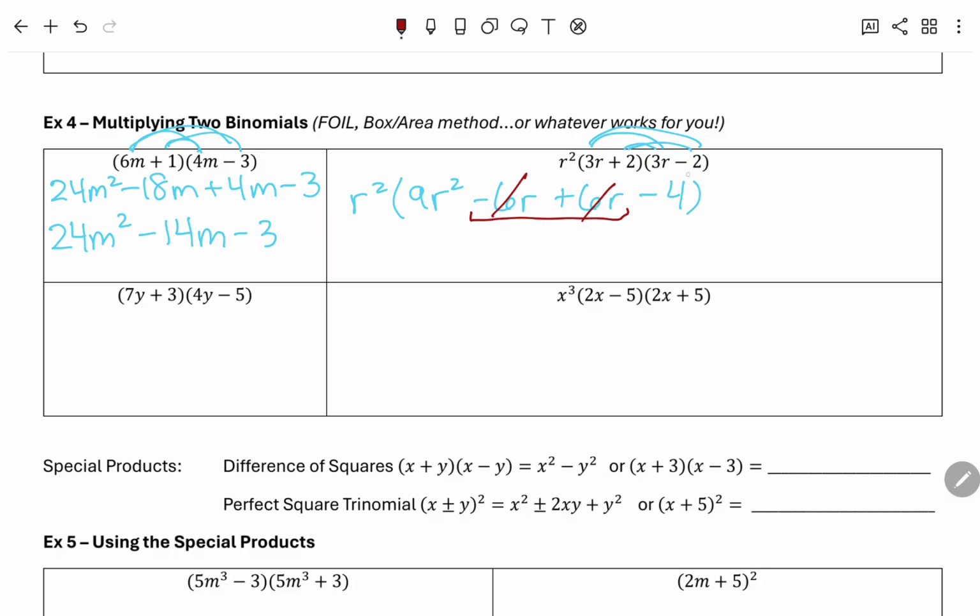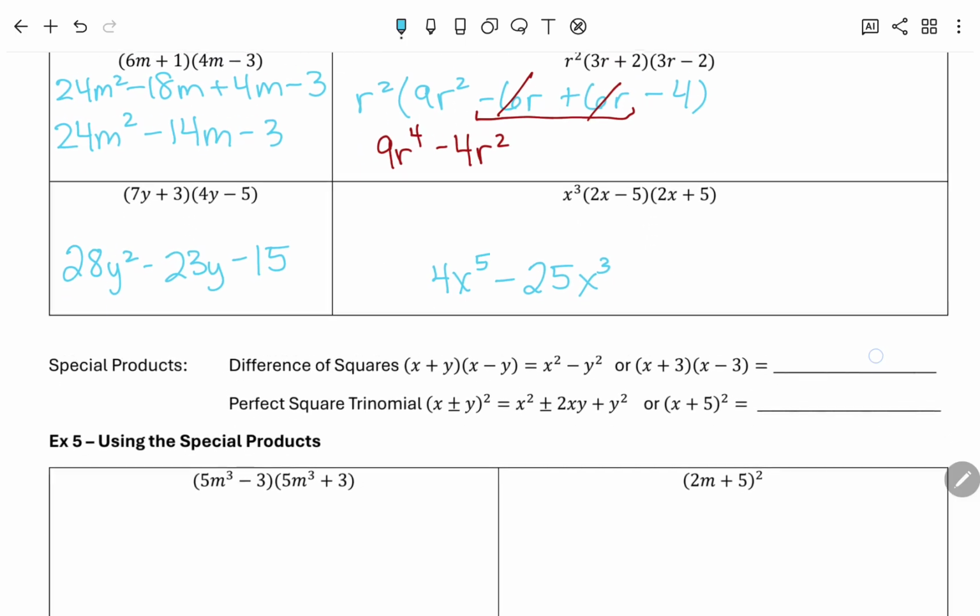Take a look at what these binomials look like. Okay, they're exactly the same with just the sign is different. And so whenever that's the case, 3r plus 2 times 3r minus 2, it's always going to have the middle term sum to 0. So if you just get used to recognizing that, it can save you some time. All right, and then now I'm going to distribute my r squared to what remains to get my final answer. All right, pause and see what you can do. Checking those two answers.